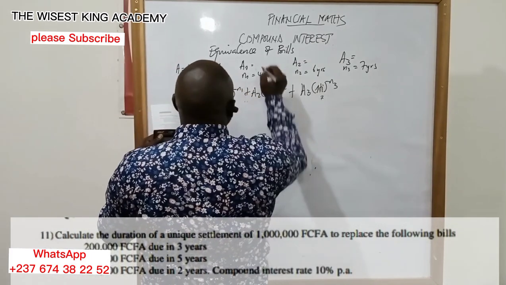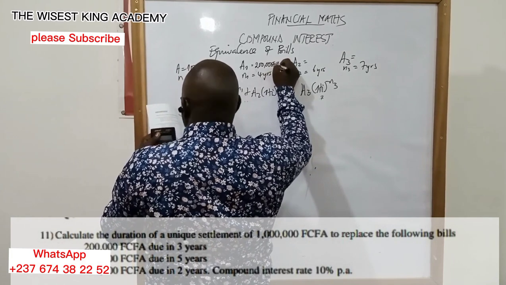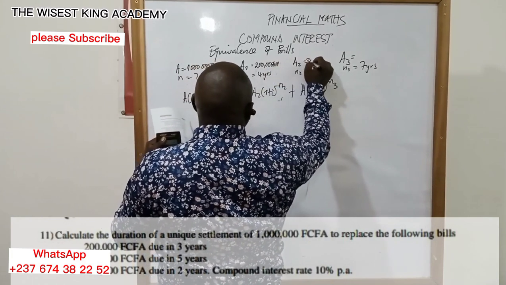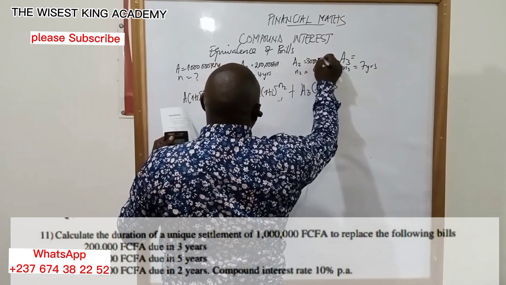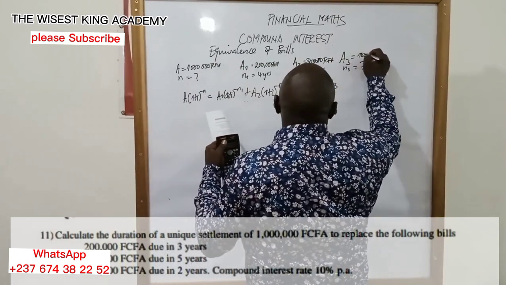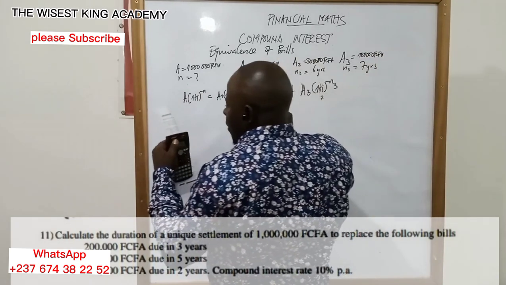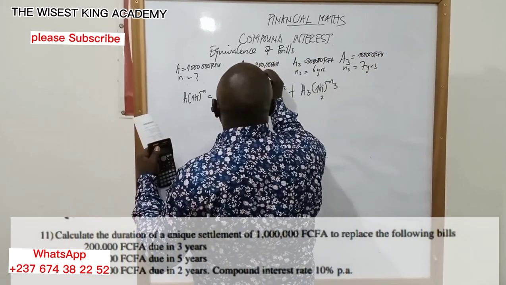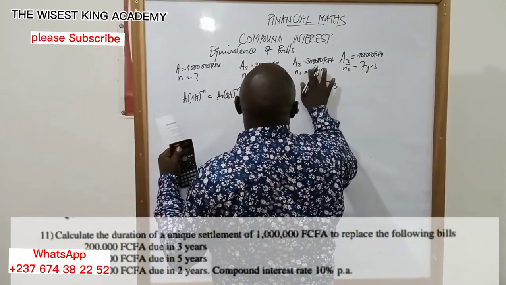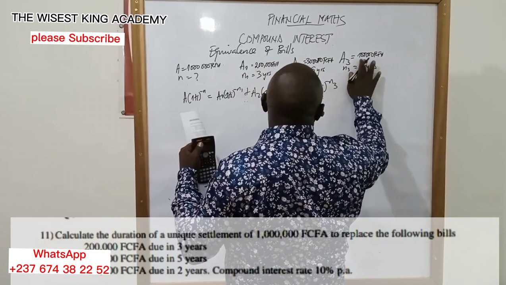A1 is 200,000 francs, A2 is 300,000 francs, and A3 is 100,000 francs. The first is due in 3 years, the second in 5 years, and the third in 2 years.